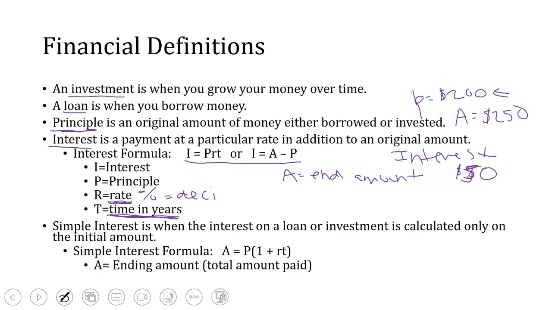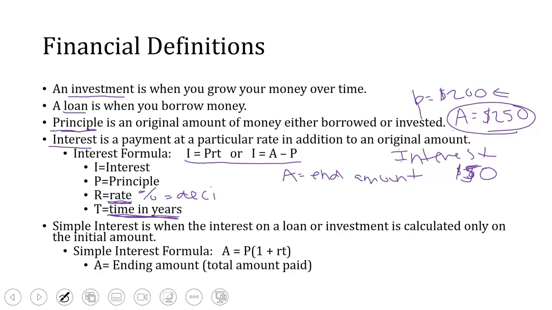In this case, where we borrowed $200 and our parents charged us $50 for borrowing, the ending amount we're going to pay them is $250. That's how much you paid, the end amount. And the P is principal.